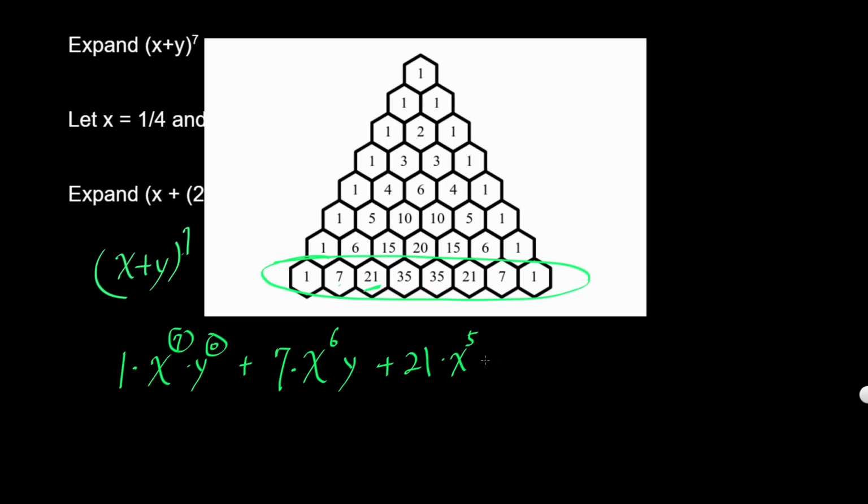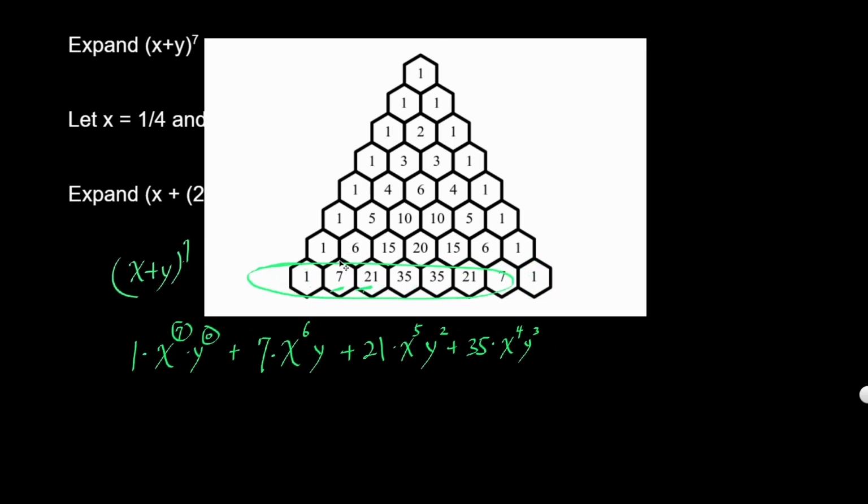You decrease by 1, and at the same time, y increases by 1. You get the point. The sum of these two powers must equal the power that we started with. Okay, and keep going. 35 is the next coefficient. So it becomes 35 times x to the 4th, y to the 3rd power, and so on and so forth.